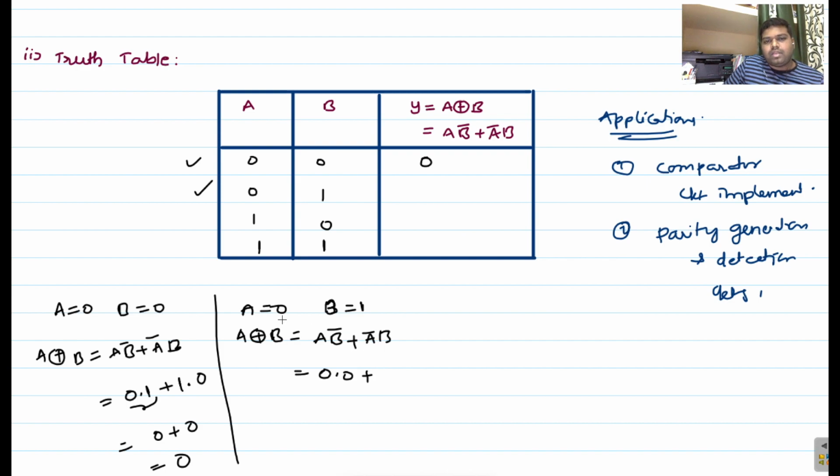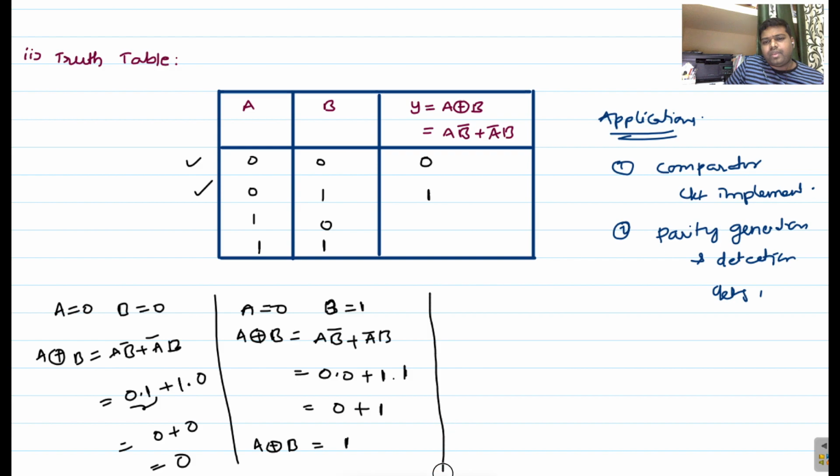Next, a bar, a equals 0, a bar means 1, and b equals 1. So 0 into 0 you get 0, 1 into 1 you get 1 only. Now 0 plus 1 is 1 only. That means when a is 0 and b is 1, the output y equals 1.